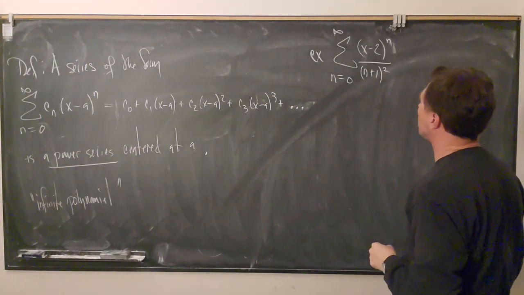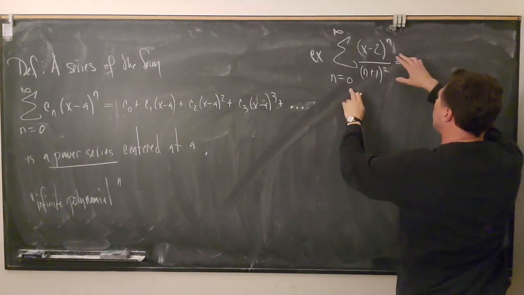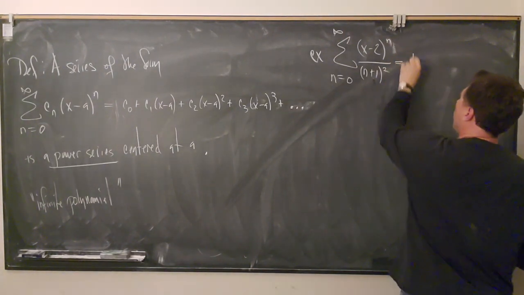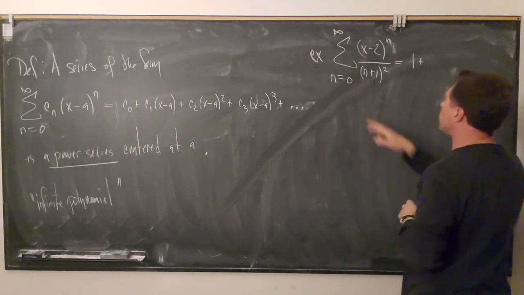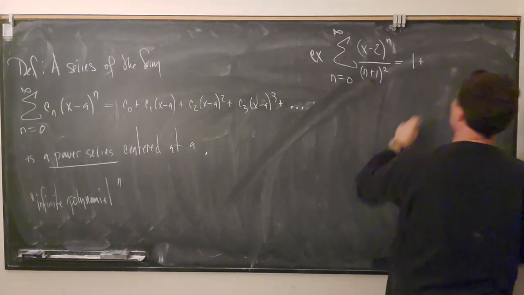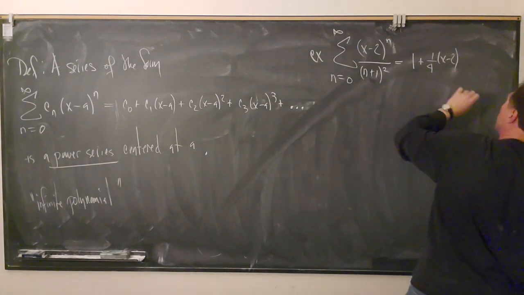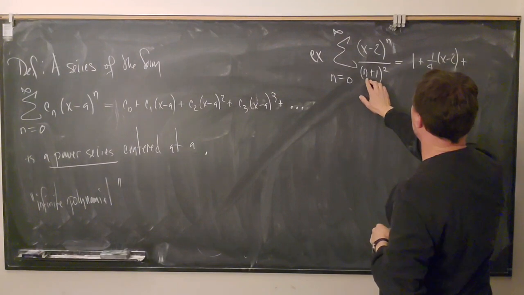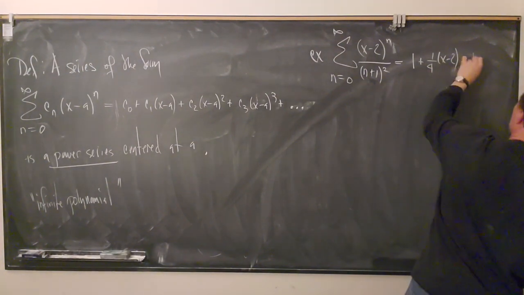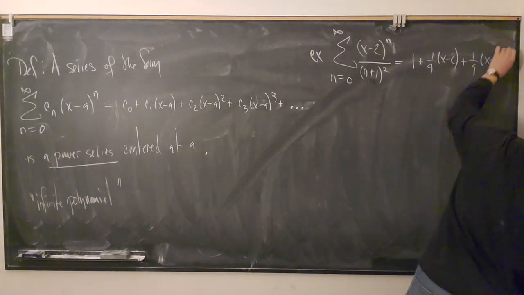So what would this look like? This looks like, let's see, when n equals 0, I'm going to have 1. Plus, when n equals 1, I'm going to have 1/4 times x minus 2. Plus, okay, when n equals 2, I'm going to have 1/9 times x minus 2 squared.